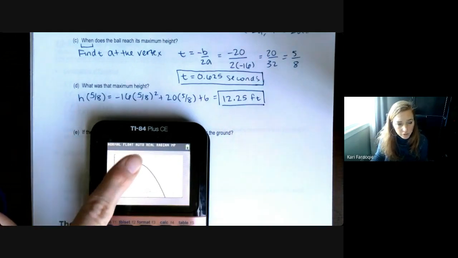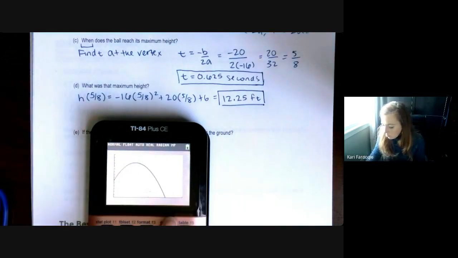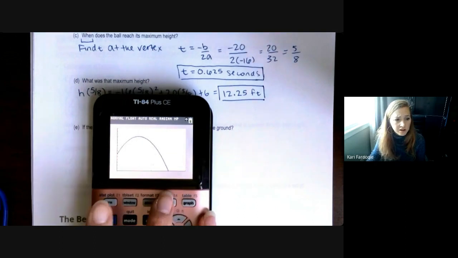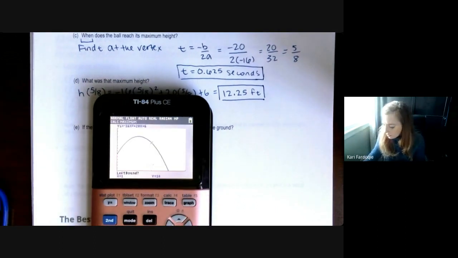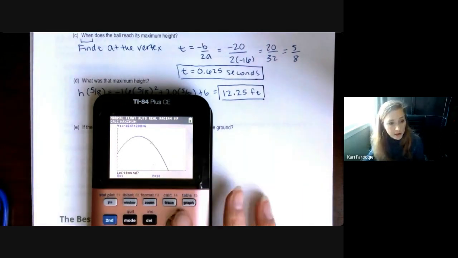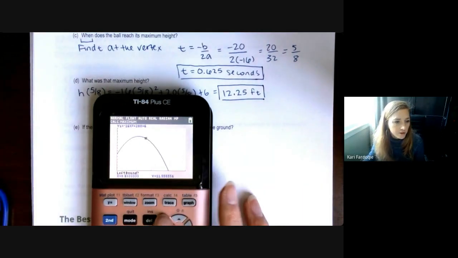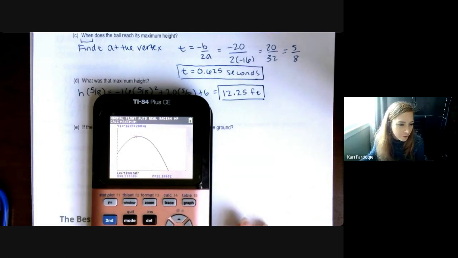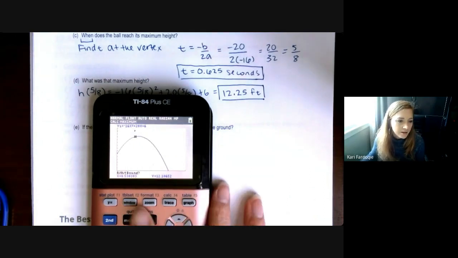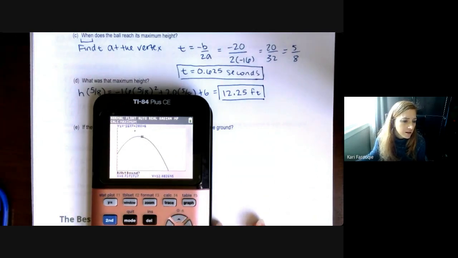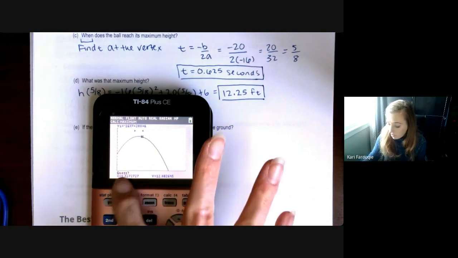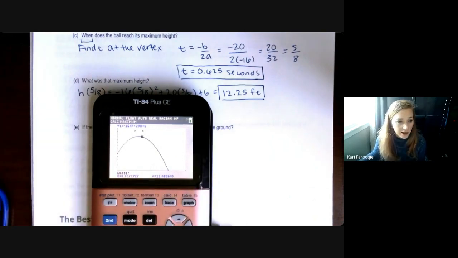The maximum value is occurring right here. So the way you would do this is you would go into second calculate, and then you would hit number 4 for maximum, and it's going to ask you for a left bound. You're just going to scroll over so that you're to the left of this maximum value somewhere. Just eyeball it, and then it's going to ask you for a right bound. So I hit enter, and then it asks me for a right bound. So I'll do this, and then I'll hit enter again. And then it's going to say guess, and I'm like, yeah, please do that.